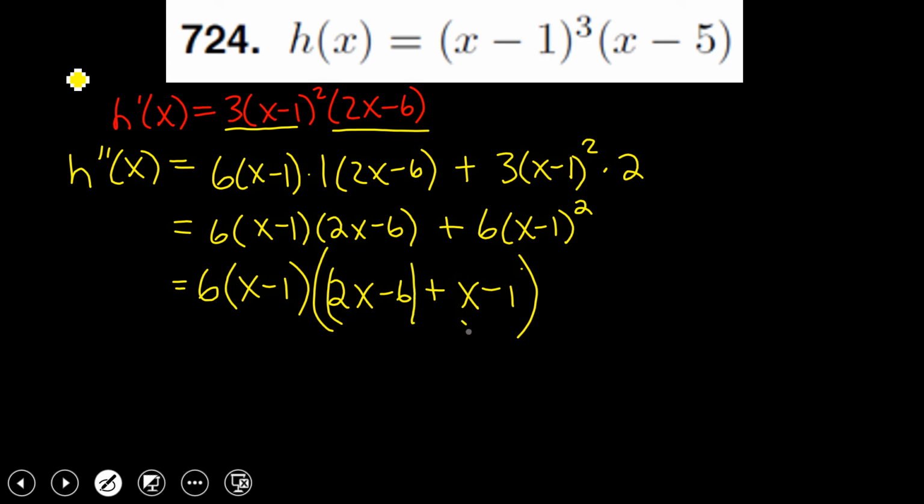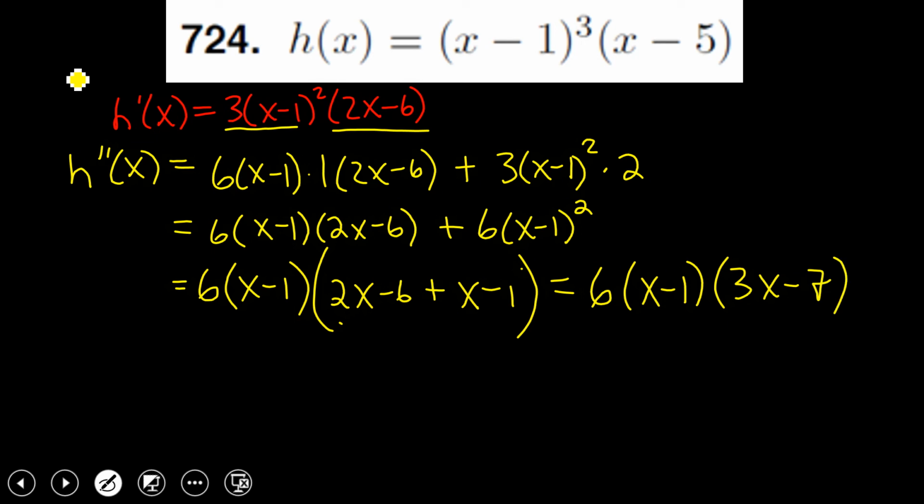Okay, so this can simplify to 6 times (x minus 1) times (3x minus 7). Wunderbar.